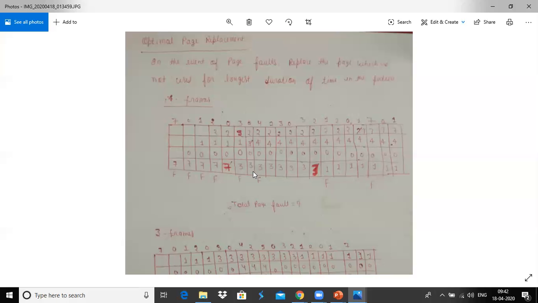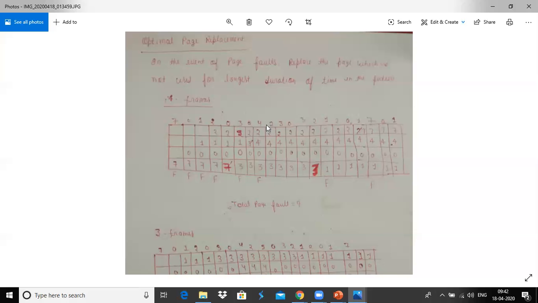And see after page number 4, see all the pages that are previously existing in the frames. Pages 3, 0, 4, 2, focus on these pages, and after 4, see all the pages which are already in the frames and see which is not used for longest duration of time. See here, 2 is used recently.